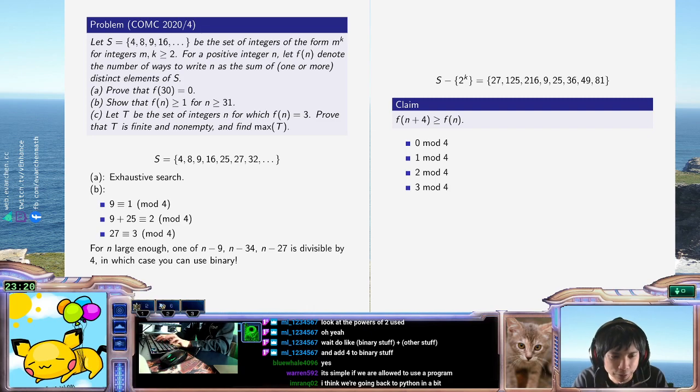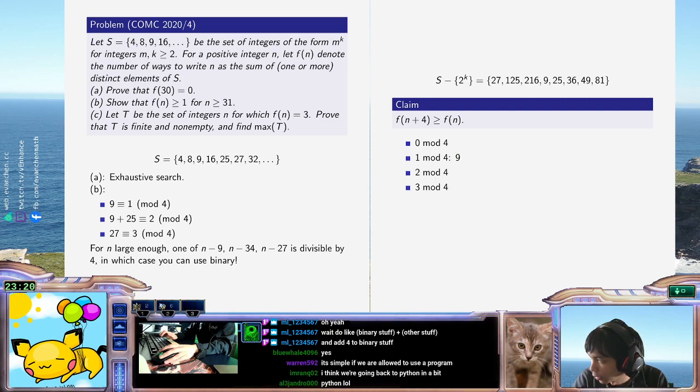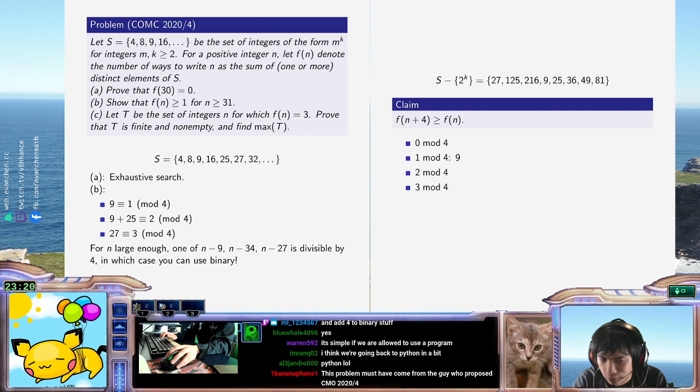So 9 is my most useful number, to be honest. Subtract 9. Or subtract 25. Subtract 49. Or 9 plus 36.